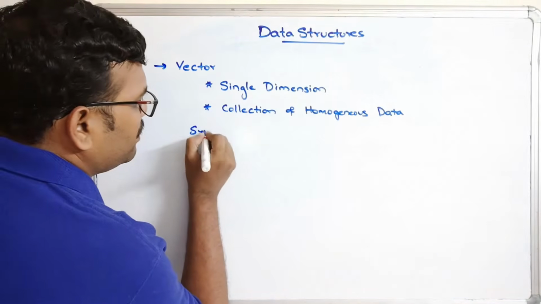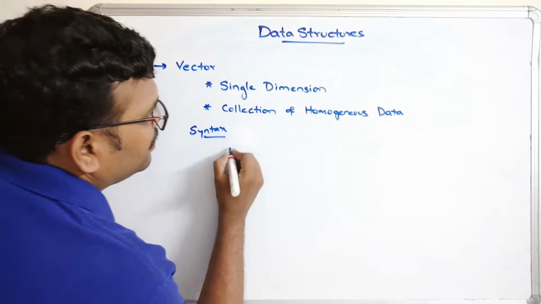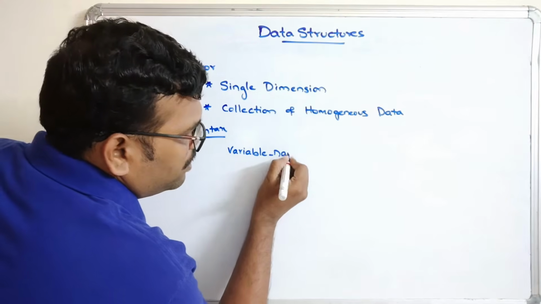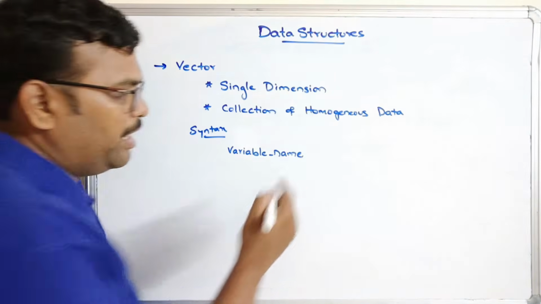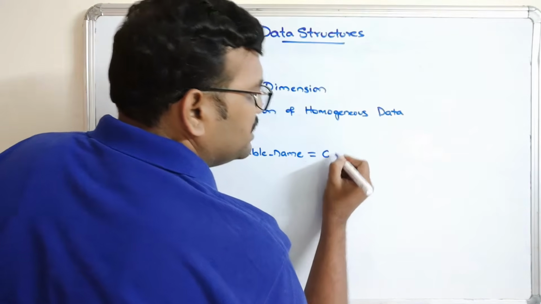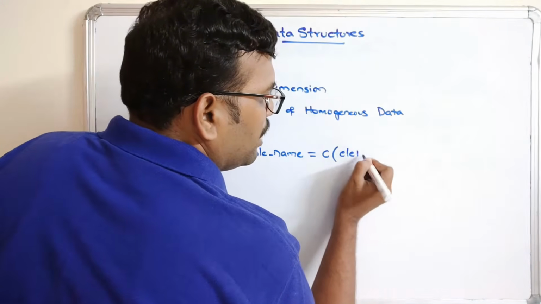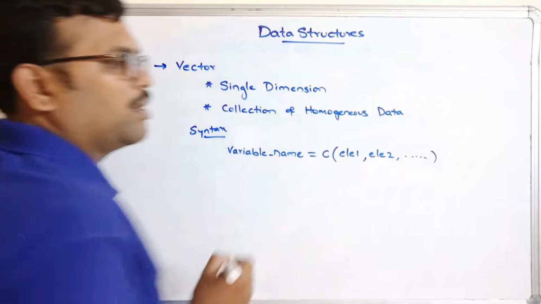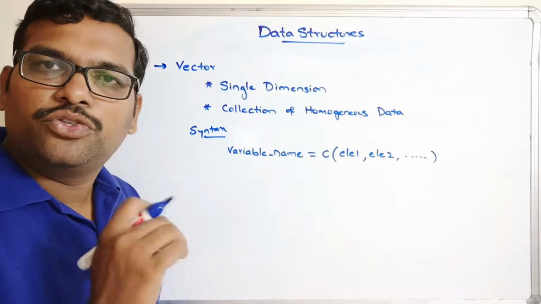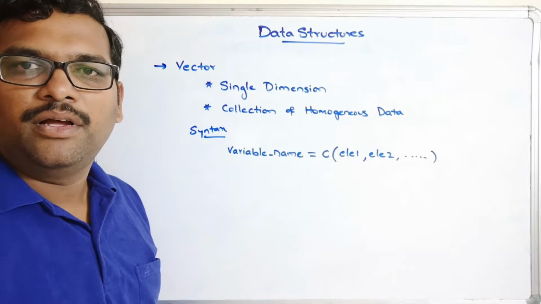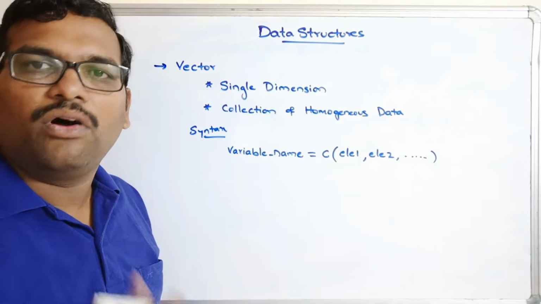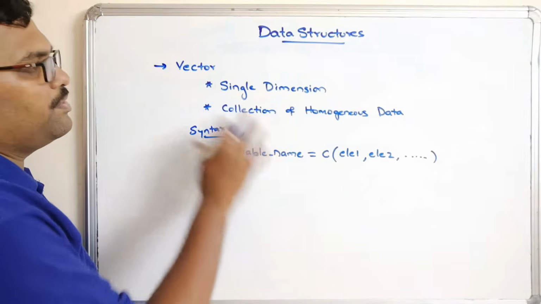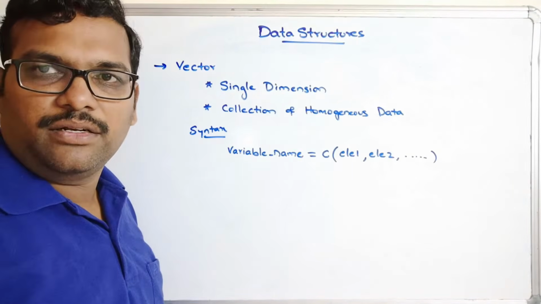The syntax for a vector is some variable name, or we can say a vector name, is equal to c of element 1, element 2 and so on. Here all the elements should be of the same data type. Either it can be integer, or float, or string or character data types, right? So this is the syntax for creating the vector data structure.